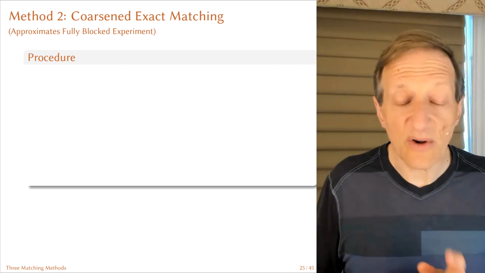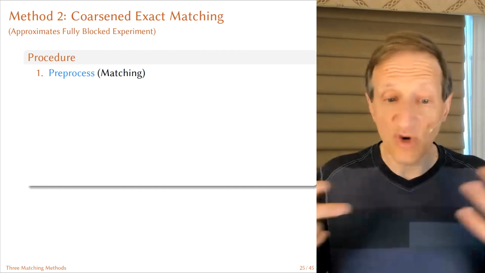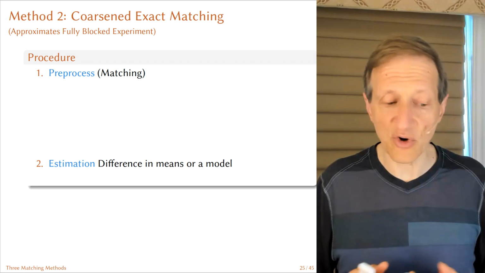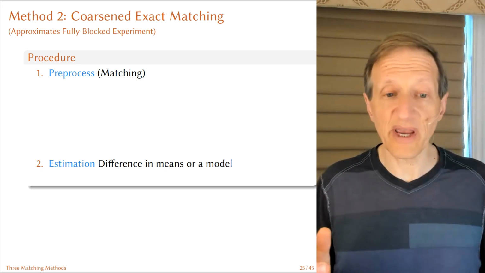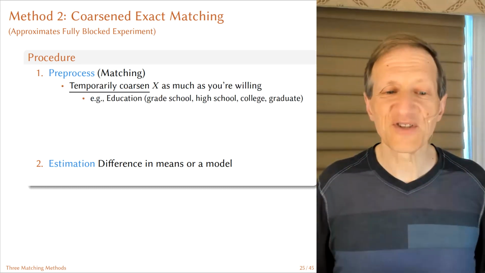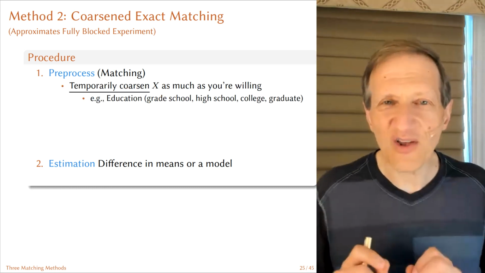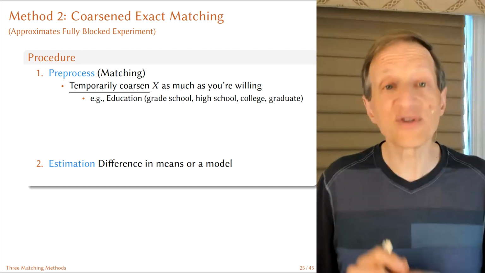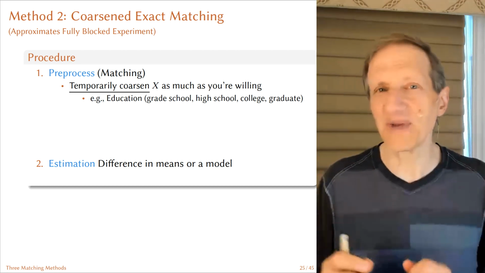Okay, so here's the procedure. We're going to pre-process with matching, and you're going to do estimation with difference in means or a model. Same exact story as with Mahalanobis. But of course, the method of matching is different. So how does it work? First of all, you temporarily coarsen each one of your explanatory variables as much as you're willing. So what does coarsening mean?